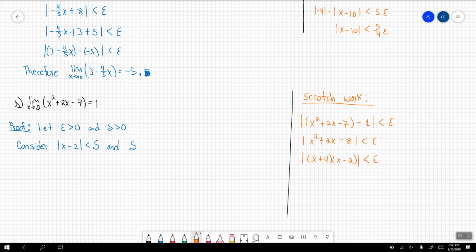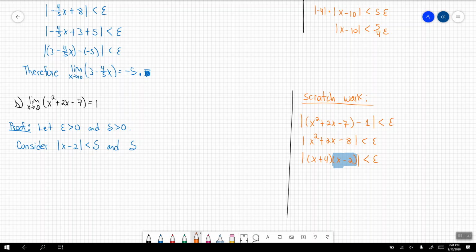And once we've factored this polynomial, look at the left side of the screen where we have that consider portion. It says that we need the absolute value of x minus 2 to be less than delta. Well, we have x minus 2, and we have it right in here. The only problem is that it's being multiplied by x plus 4.